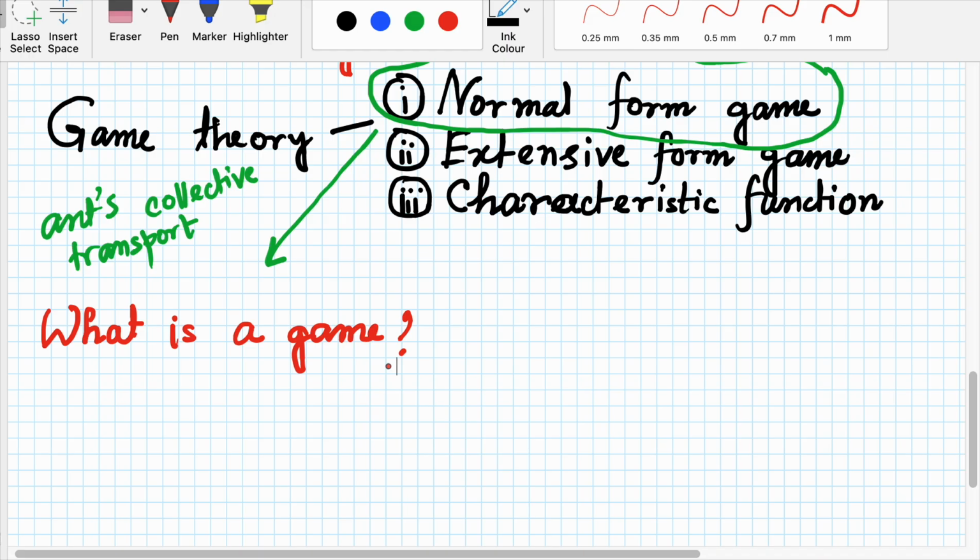So what is a game? I am using the definition given by Martin J. Osborne in the book An Introduction to Game Theory.